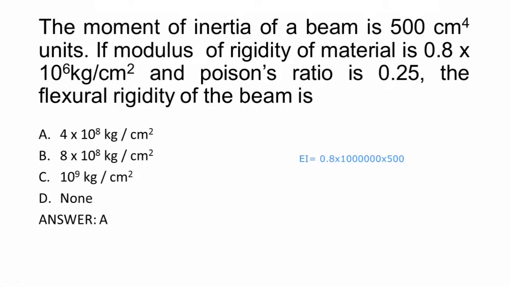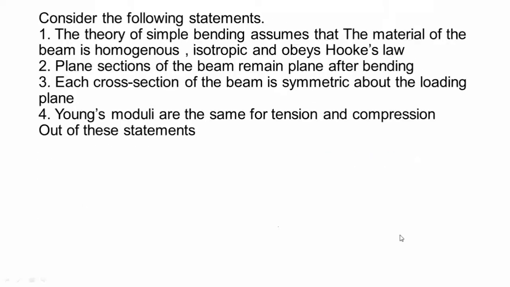Okay, very simple, straightforward. Consider the following statements. First statement, theory of simple bending assumes that the material of the beam is homogeneous, isotropic, and obeys Hooke's law. Second statement, plane sections of the beam remain plane after bending.